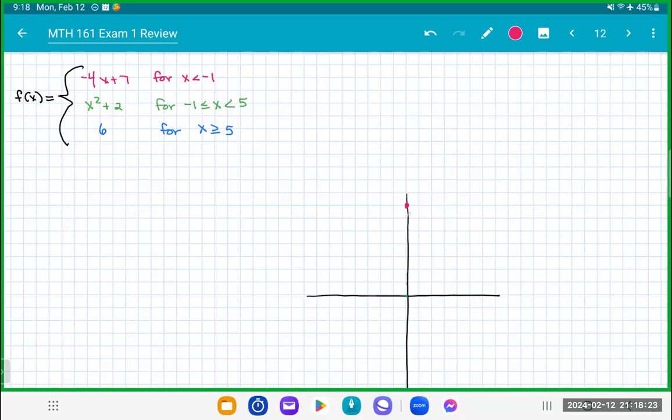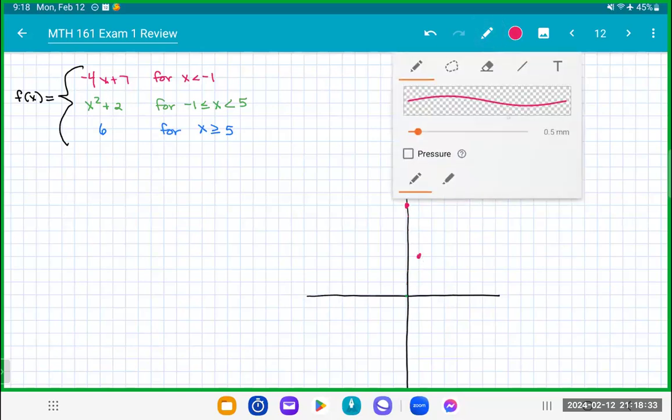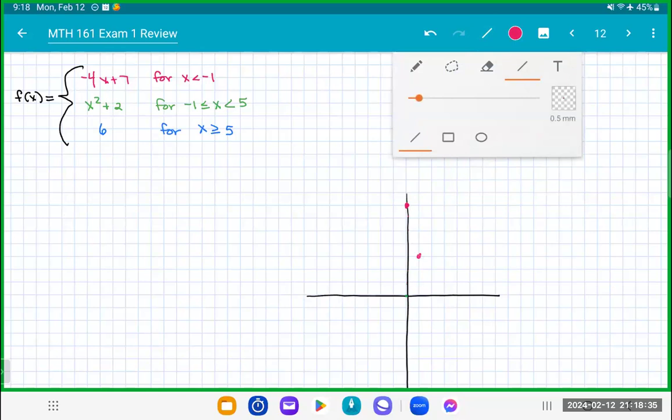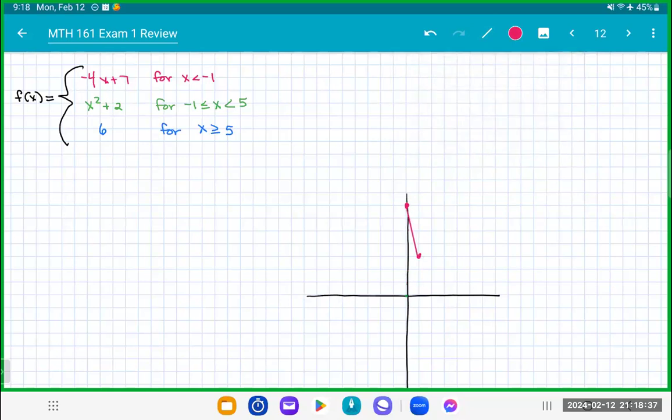So we're going to drop 4, 1, 2, 3, 4, run 1. So that's our rise over run. I'm going to just do a straight line, so that line looks something like that.